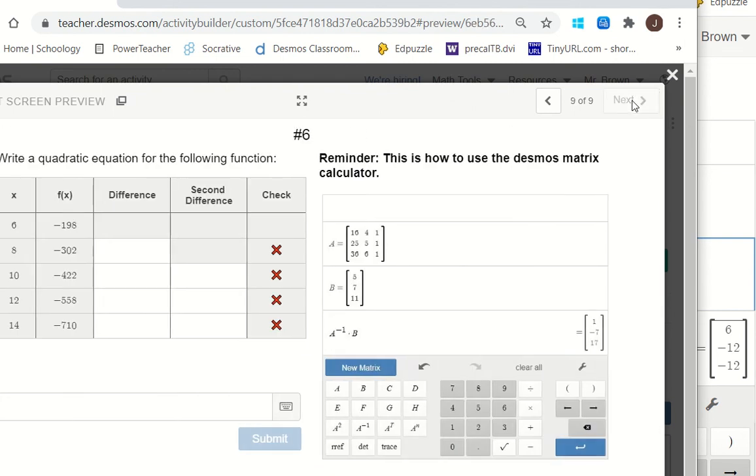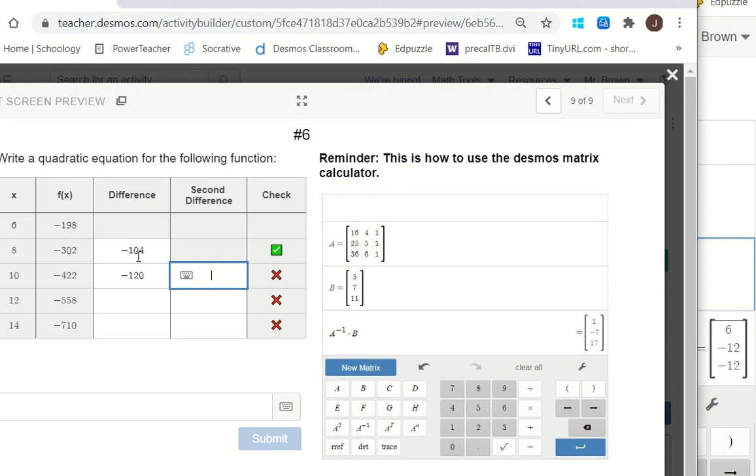One more. 198, 302. Let's see, I'm going to use my calculator. 302 minus 198. It's decreasing, right? It's turning into a bigger negative, so it's negative 104. And then 302 to 422, that's negative 120.